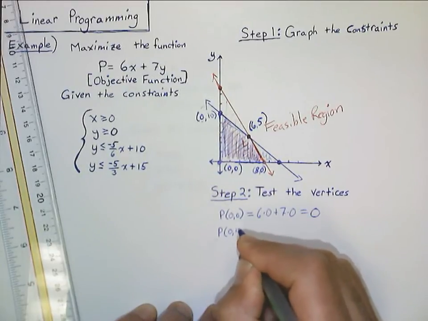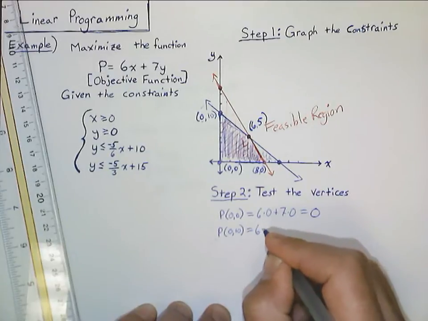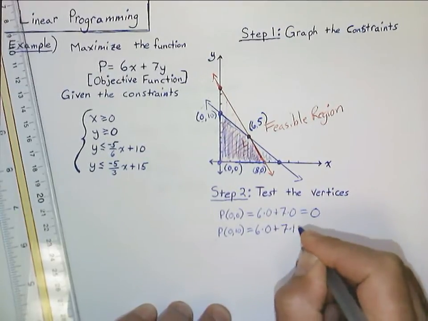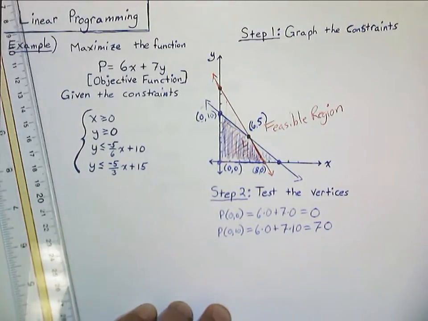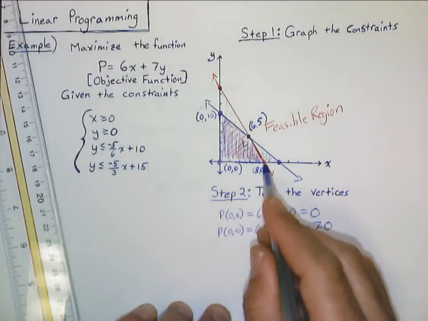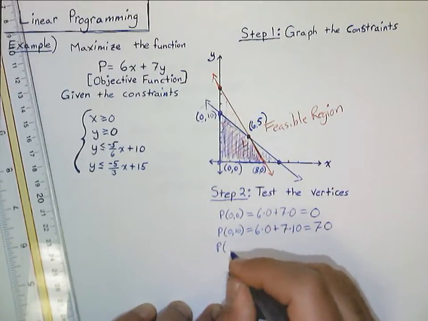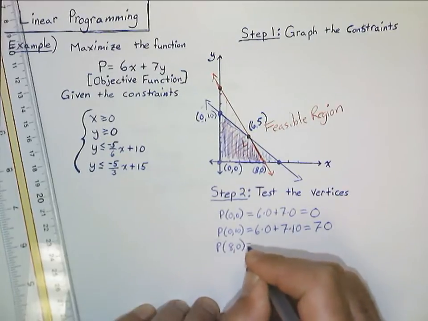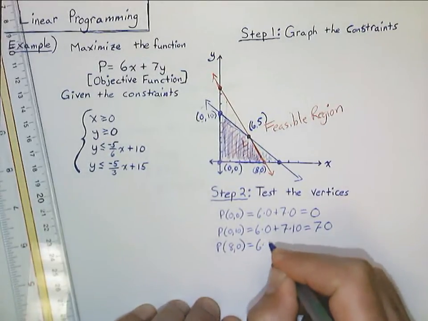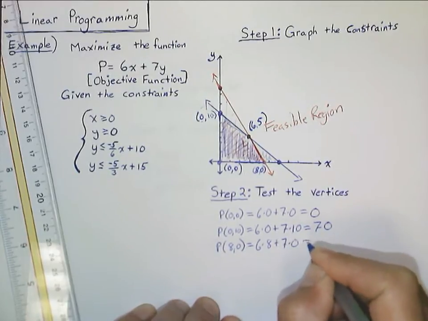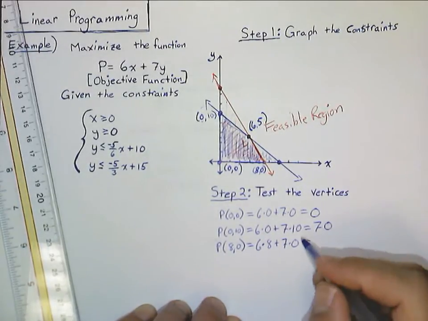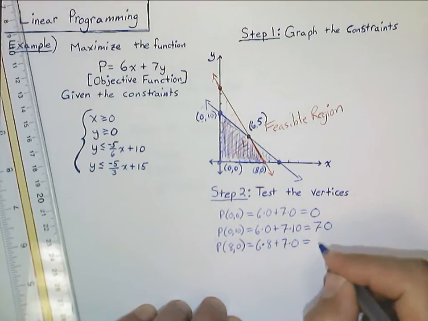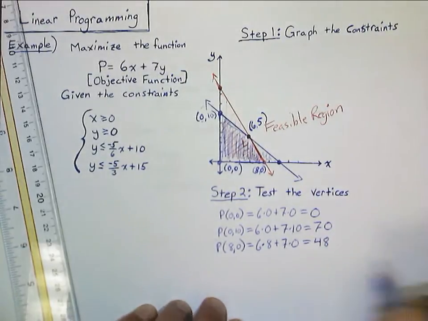P of (0, 10) is going to be 6 times 0 plus 7 times 10, which is 70. Okay. Let's check this vertex down here, P of (8, 0). Well, we go 6 times 8 plus 7 times 0. 6 times 8 is 48, plus 7 times 0 is 0.